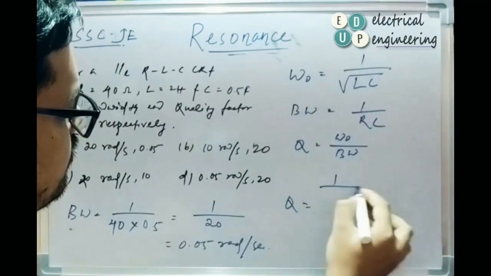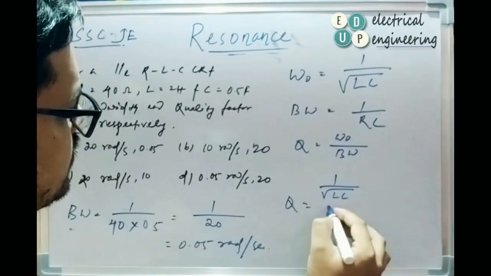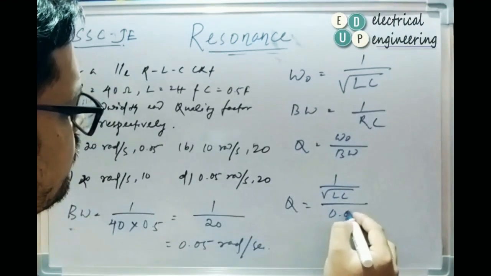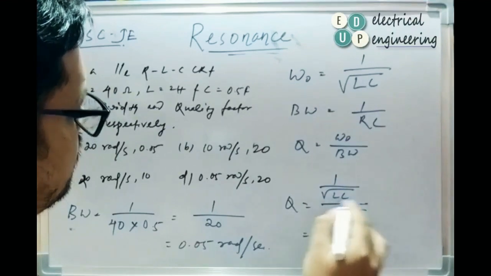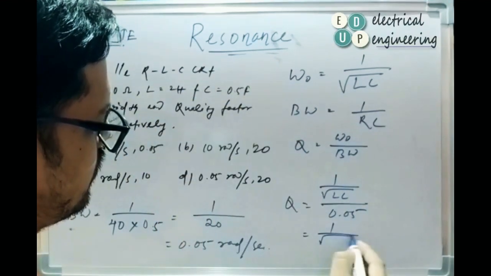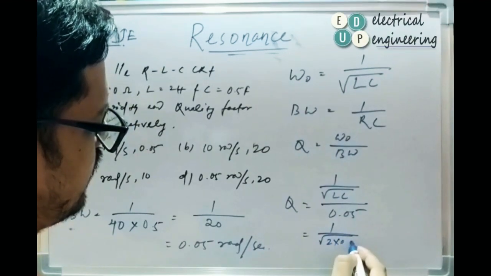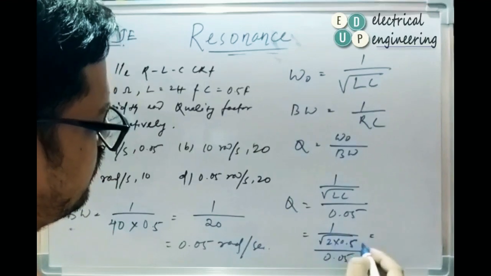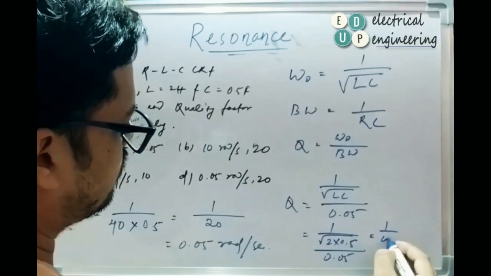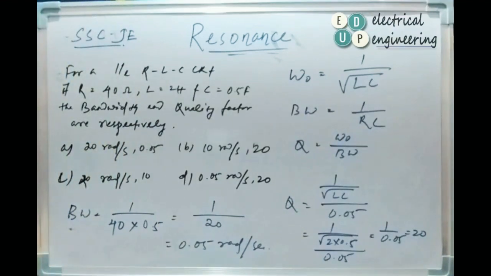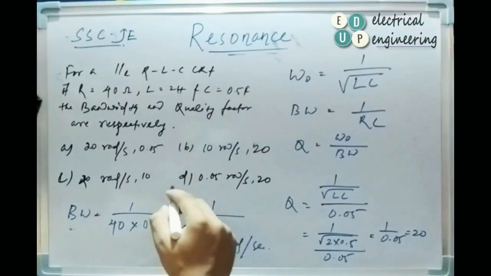Omega naught is 1 by root over of LC, divided by bandwidth. Bandwidth is 0.05. So 1 by root over of LC, L is 2, C is 0.5, root over of 2 into 0.5 is 1, divided by 0.05. It will be 1 by 0.05, that is 20. So Q is 20. So option D is correct.